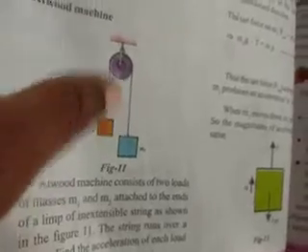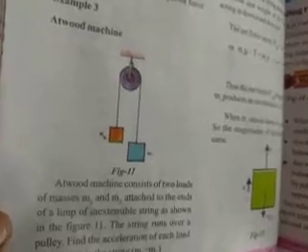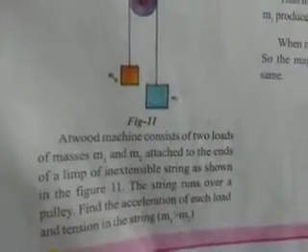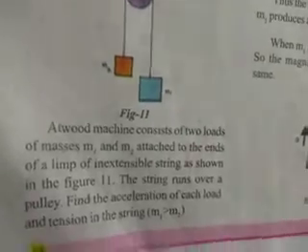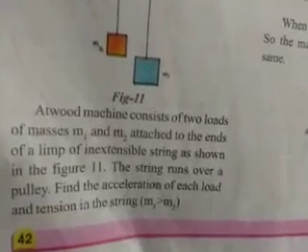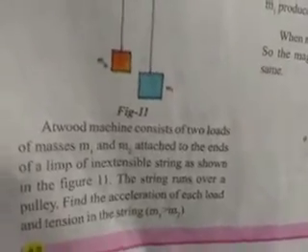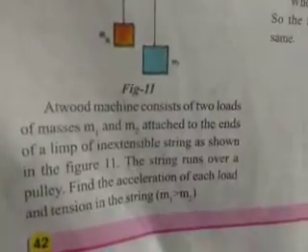m2 is the mass of the second body, and this is arranged on a pulley such that we move the 2 bodies of different masses to the 2 sides, children. Here it is given, we'll read this one: An Atwood machine consists of 2 loads of masses m1 and m2 attached to the ends of an inextensible string, that means which is not extensible, as shown in the figure.